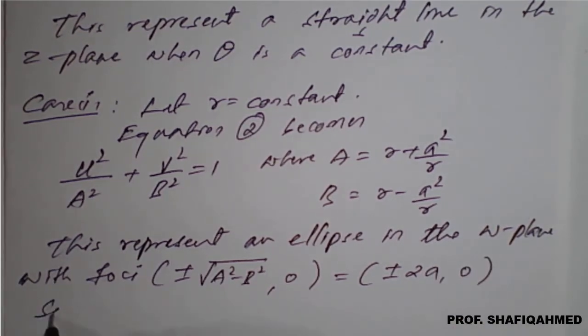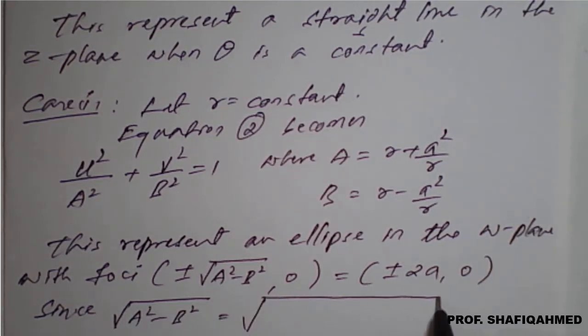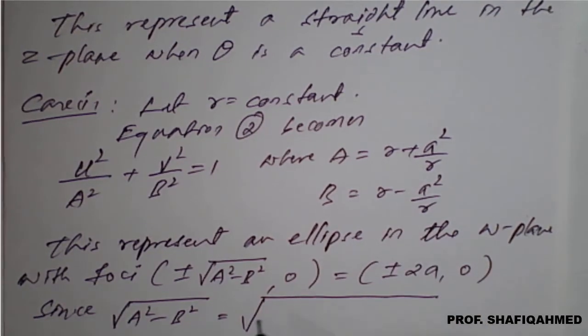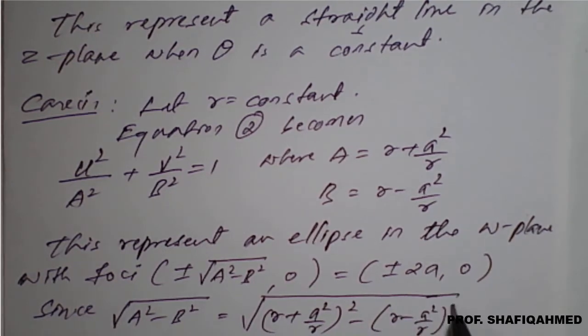Since, how we got here, square root of A square minus B square, so on simplification, is the square root of r plus a square upon r whole square minus r minus a square upon r whole square.